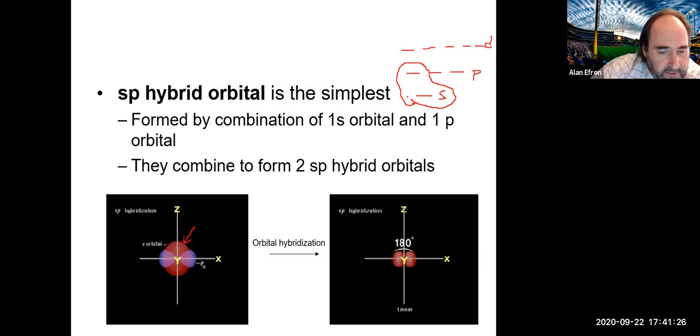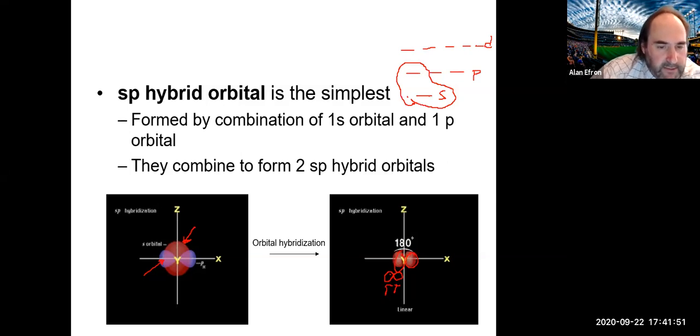The s orbital is this red circle here, the p orbital is this purple-blue figure 8 over there. When they come together, it's a little hard to see here, but you get these two lobes, and they look the same, one on this side and one on this side. These are our two hybrid orbitals that have been made.